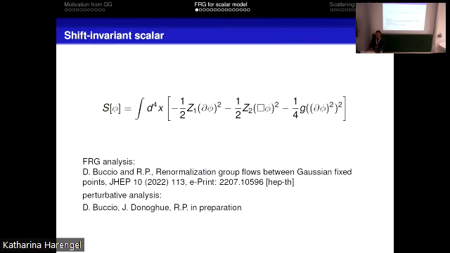And the toy model is this shift-invariant scalar, which has some of the features of GR, of gravity, in the sense that there is the two-derivative kinetic term here, which is similar to the Hilbert term.